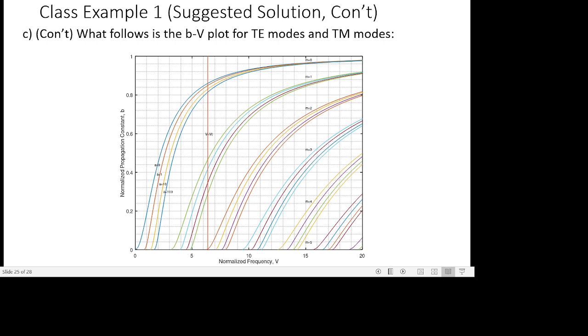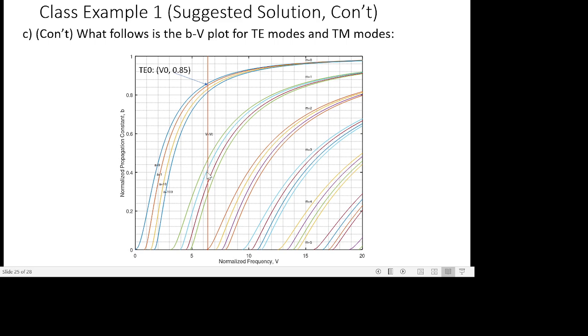Remember the asymmetry factor for TE modes is 1. So we are going to pick the second curve, because the second curve represents the asymmetry factor as 1. Similarly, for the second family of curves, we are going to do the same, and we are going to find the intersection point first. So for TE0 mode, we got this, and we know the b number there is 0.85.